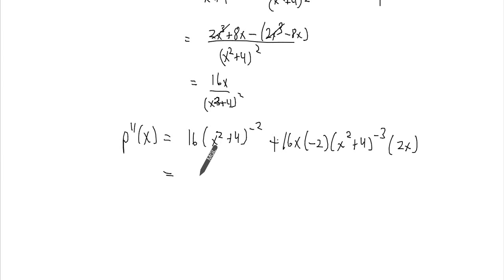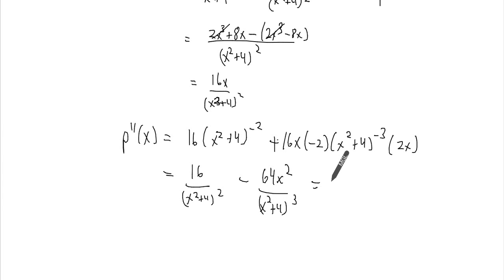So simplifying this, I get 16 over x squared plus 4 squared minus 16 times 2 is 64. And I have x and x, so x squared over x squared plus 4 cubed.